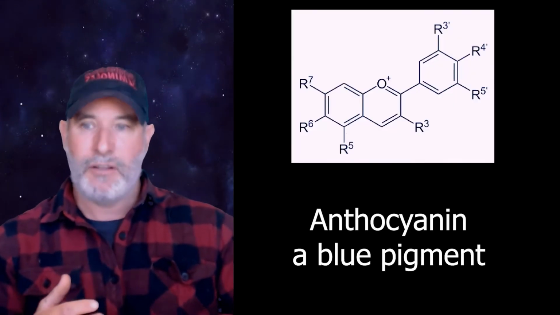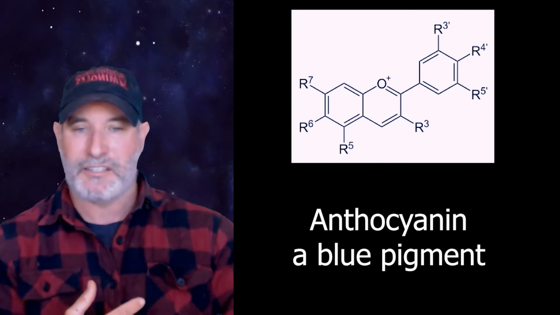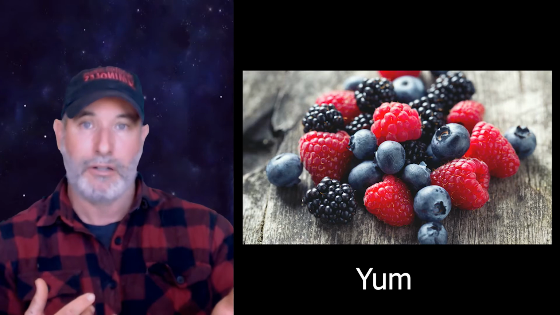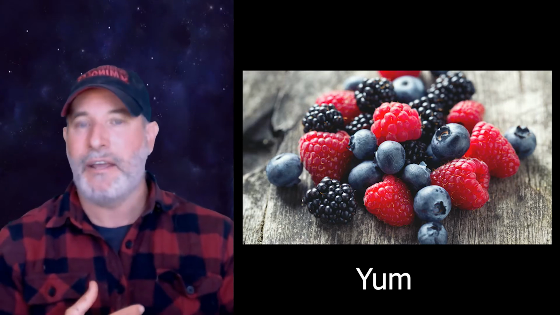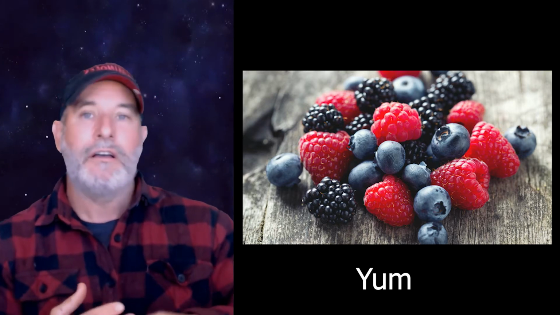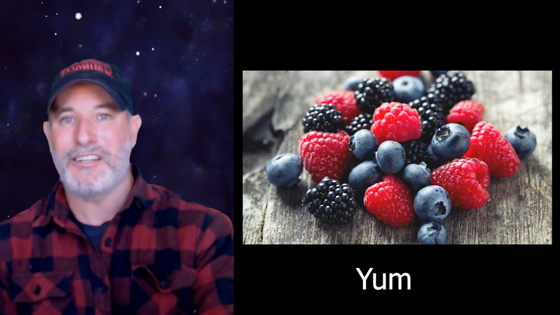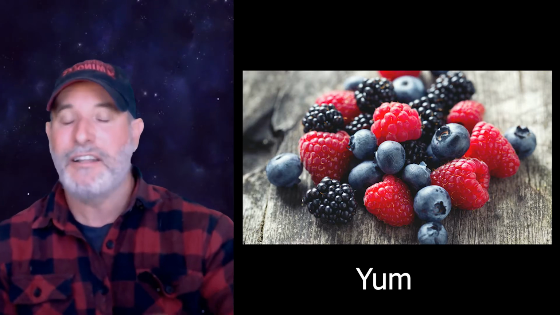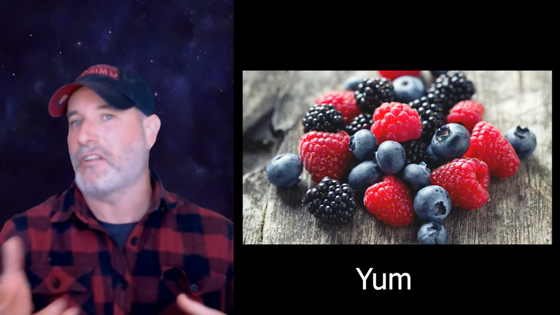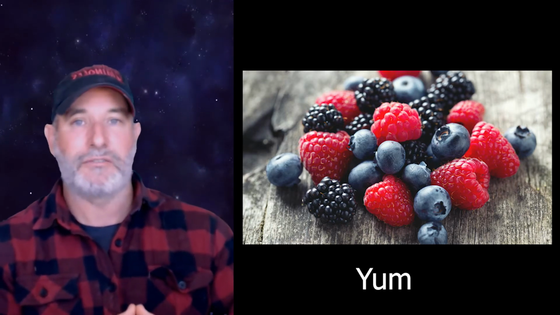So even though DNA doesn't code for a pigment like melanin or anthocyanin, which is what makes blueberries blue, it doesn't code how to make a lipid or a cholesterol molecule, what it does do is carry the information to make the enzymes and regulate those enzymes and those metabolic pathways that do make pigments and all these other molecules we need. And it also makes the enzymes that we use to break down these molecules as well.